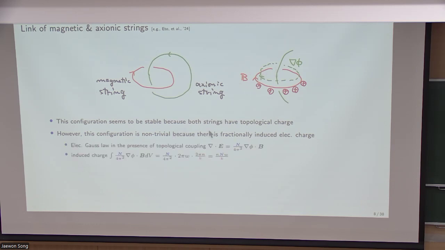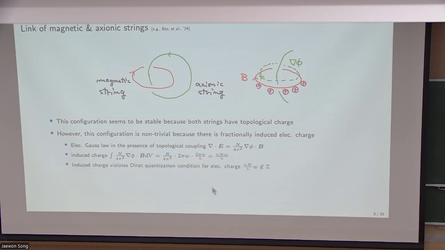So this can be seen by the electric Gauss law. So we have the electric Gauss law in the presence of axion photon coupling, and we can calculate the value of the induced electric charge. So from the axion string, we have this value, and from the magnetic string, we have this value. So this combination is in general fractional.